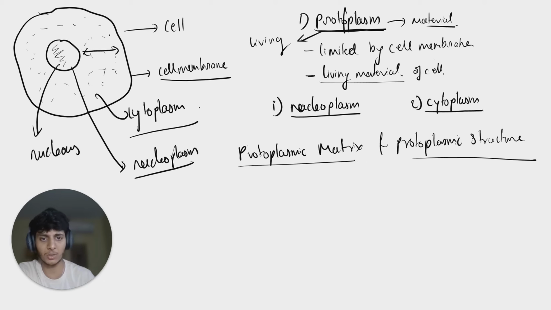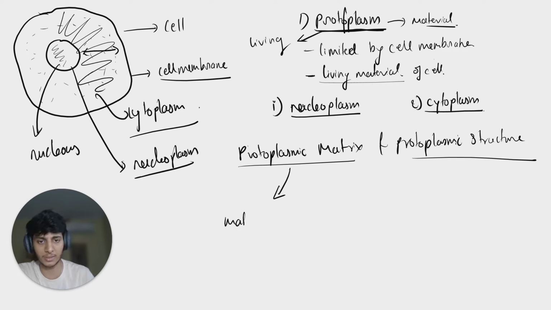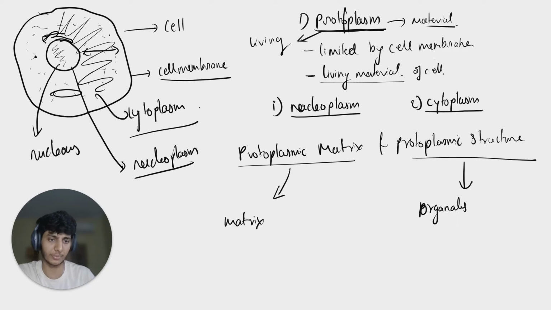The protoplasmic matrix is the space, all this space is called the matrix. And the structures, the organelles present here like the Golgi complex, mitochondria, and all other organelles present in the cytoplasm, are called protoplasmic structures. So this is about the protoplasm.